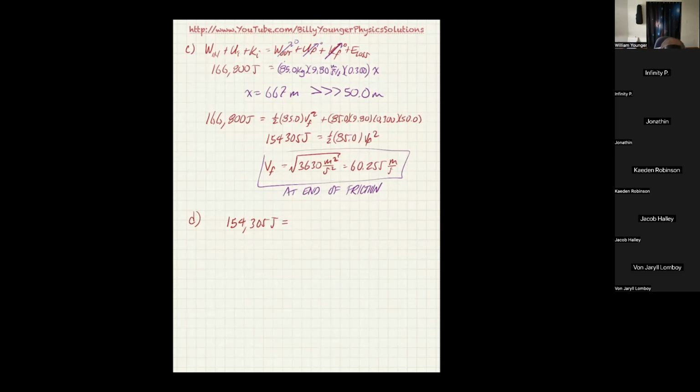And the work out in this case is going to be 1/2 times 1,000 newtons per meter times x squared. And x is going to be the square root of 2 times 154,305 joules over 1,000 newtons per meter. So I'm going to say 154,305 times 2. And now I'm going to say divided by 1,000. That gives me 308.61.